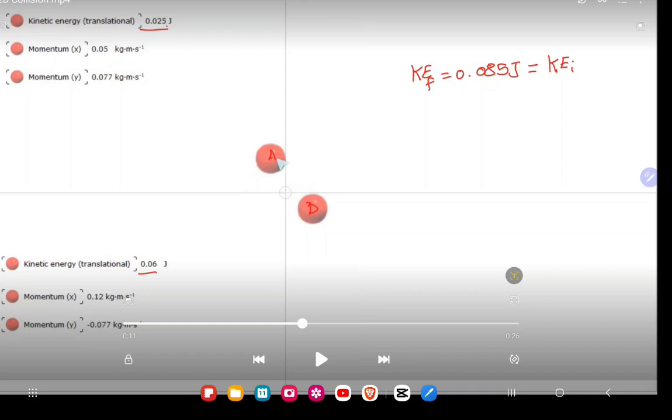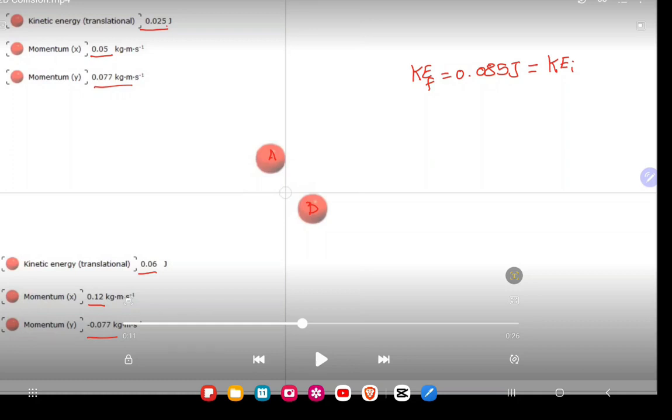Now, in this case each ball will have two momentum components, one on x and one on y. The one on x after the collision is equal to 0.05 for one ball and 0.12 kilogram meter per second for the other, and the one on y is 0.077 kilogram meter per second for one and 0.077 for the other.